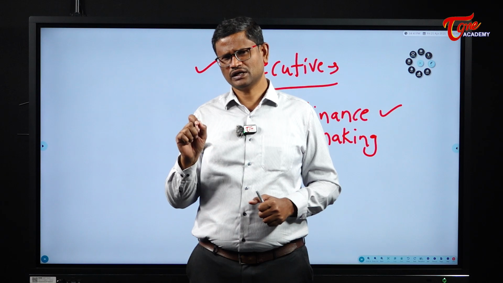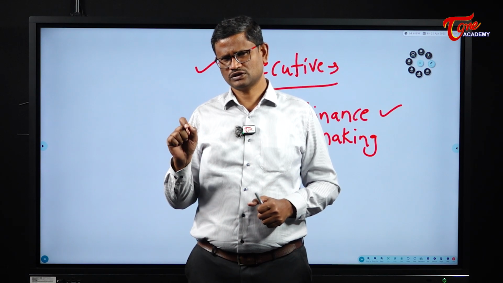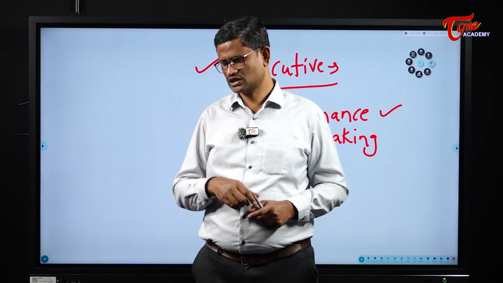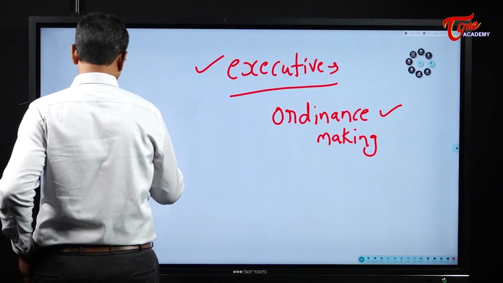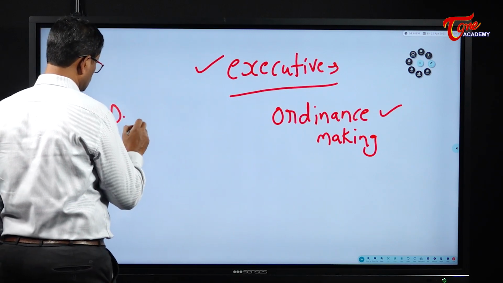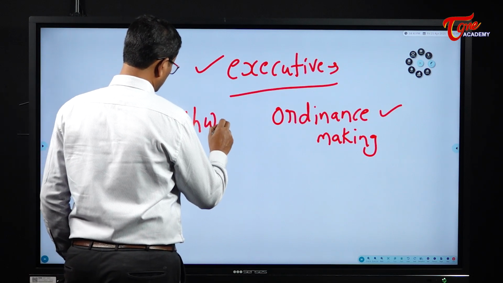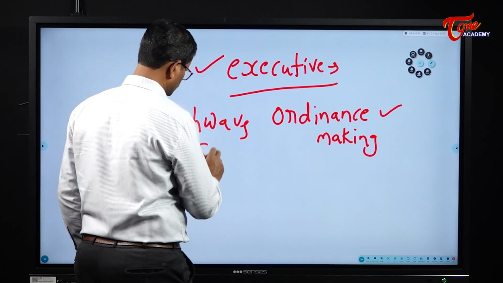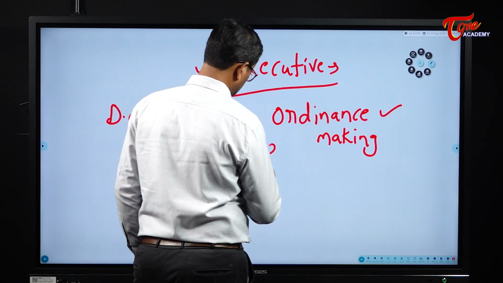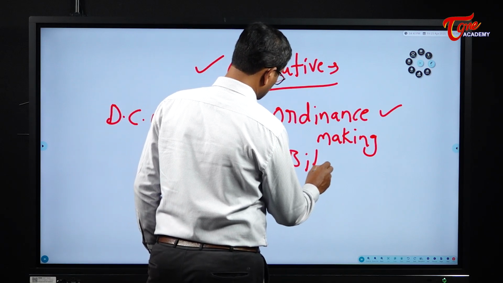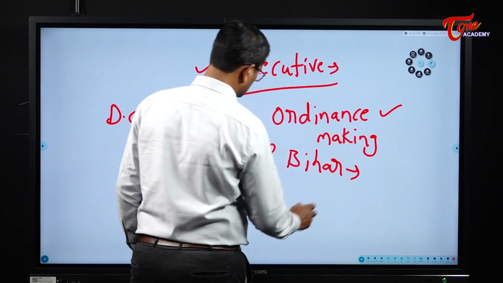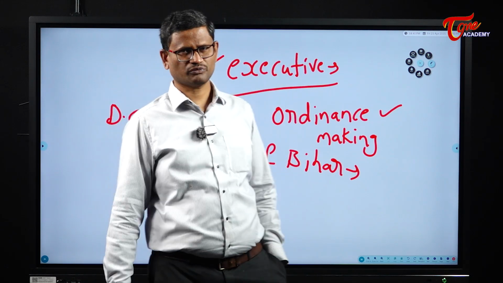And in many cases, the Supreme Court said, DC Wadhwa versus State of Bihar. This was in 1986. And again we had a recent case, Krishna Kumar Singh versus State of Bihar.